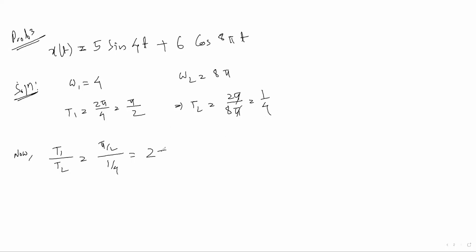Now if you bring this 4 up, so what will be the value? We can say 2 pi. This 2 pi, can you say whether it is a rational number or an irrational number? This is an irrational number, not a rational number, because if there is some pi or some root 2, root 7, those are irrational numbers.